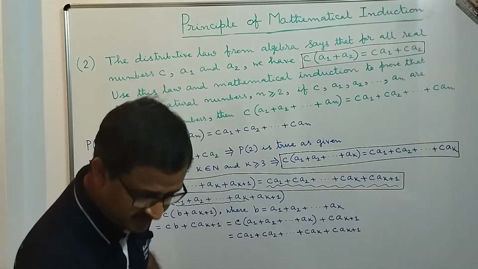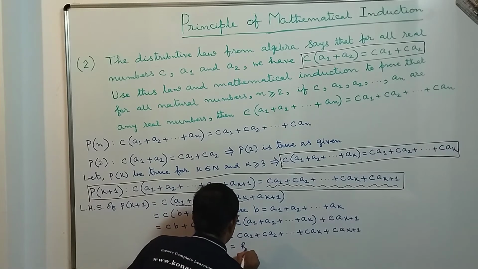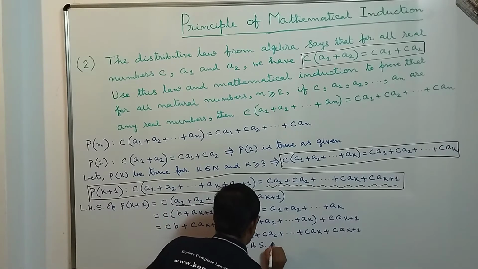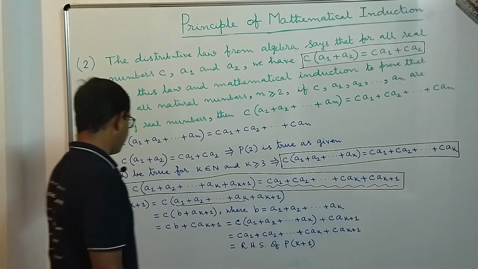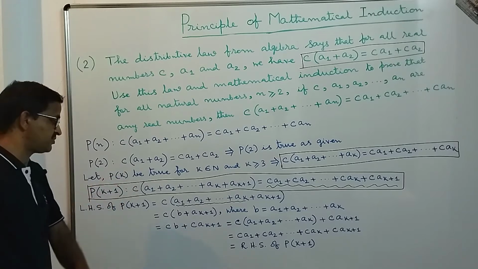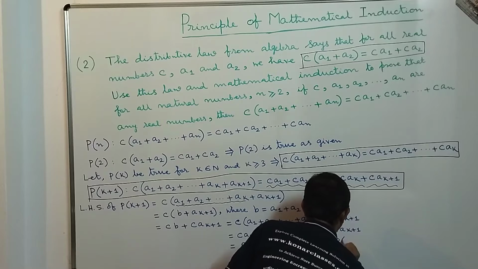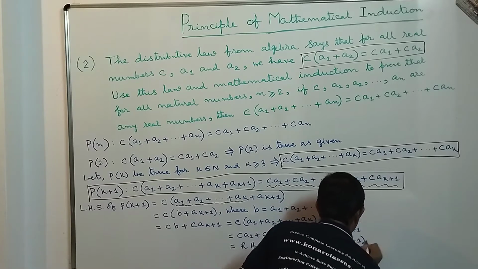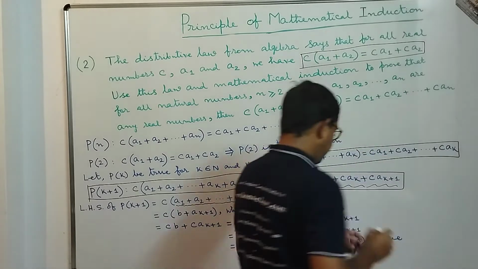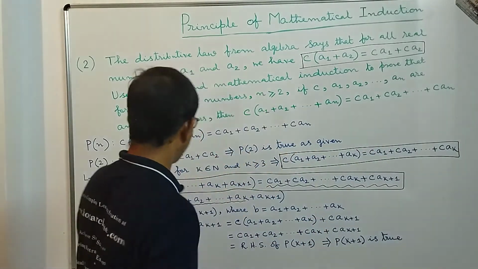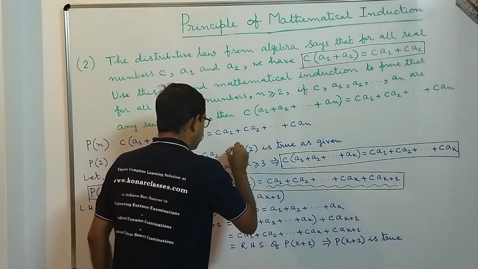So what we get is that the left hand side of Pk plus 1 is equal to the right hand side of Pk plus 1. That implies Pk plus 1 is true. So dear students, what have we achieved? First we proved that P2 is true.